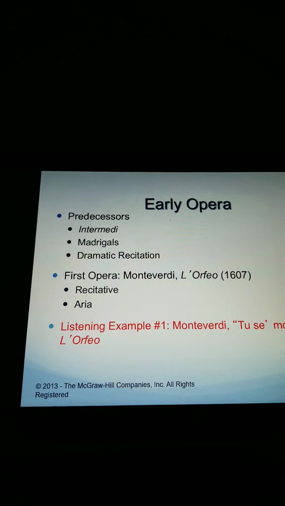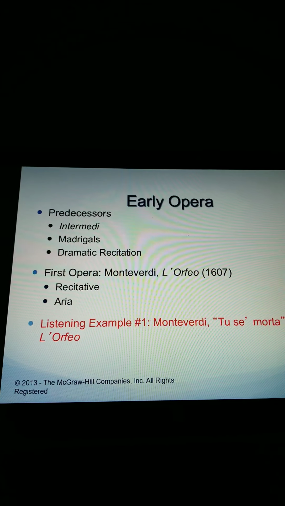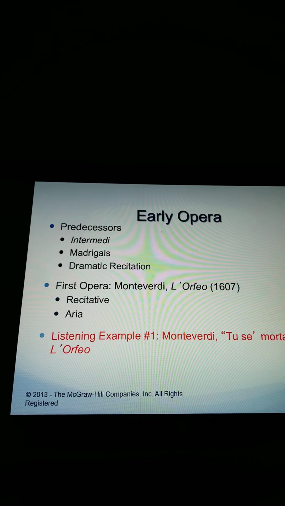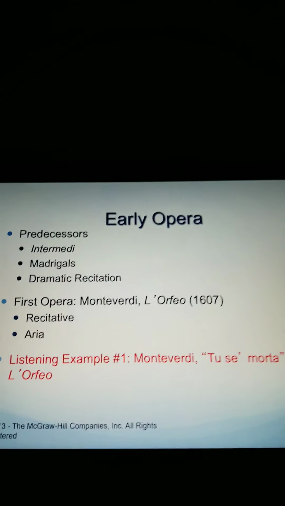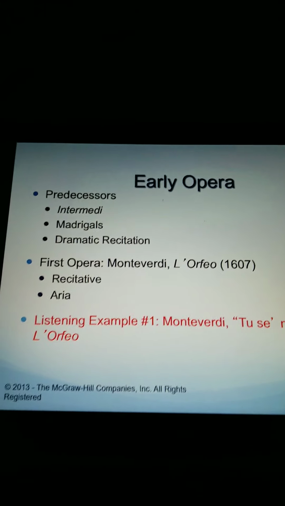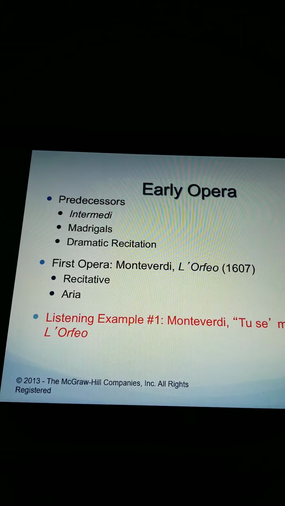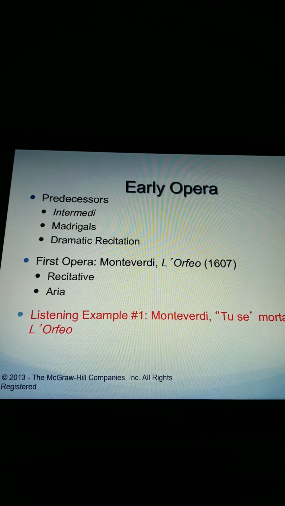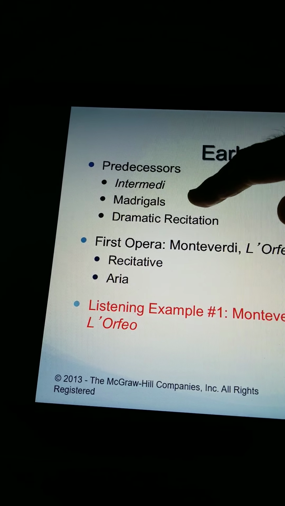So a predecessor of early opera included intermedi. Intermedi were basically little musical works that were performed in between the acts of plays. This happened even in ancient Greece. It also happened in the Middle Ages, where they would have music playing in between acts of a play. Another predecessor to early opera was a madrigal.